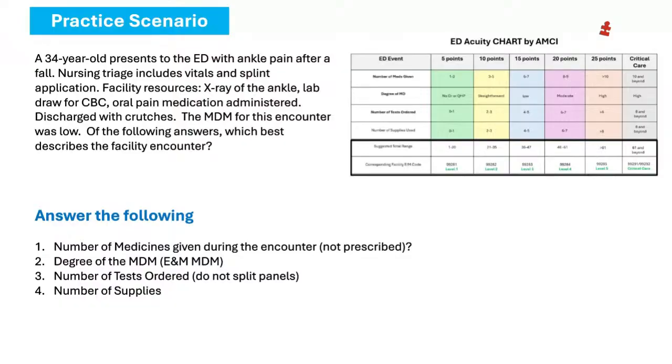Good. Somebody said oral pain medicine. That's all I see. I only see one, right? One. Okay. What is the degree of the MDM? And we're talking about the E&M MDM, the doctor MDM.